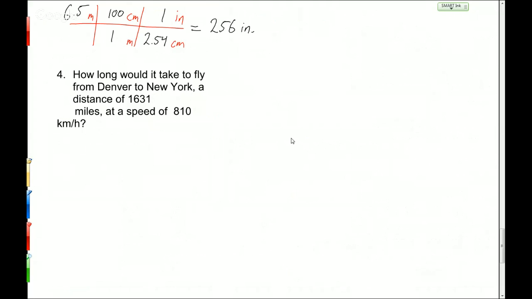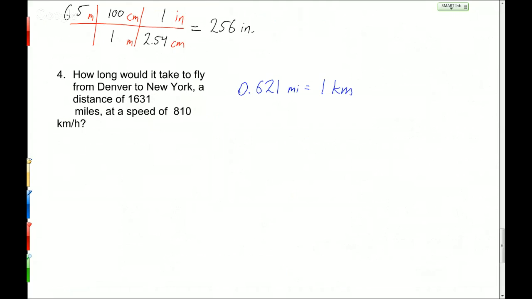Okay, so I'm going to give you a conversion. 0.621 miles is 1 kilometer. And see if you can solve this problem.